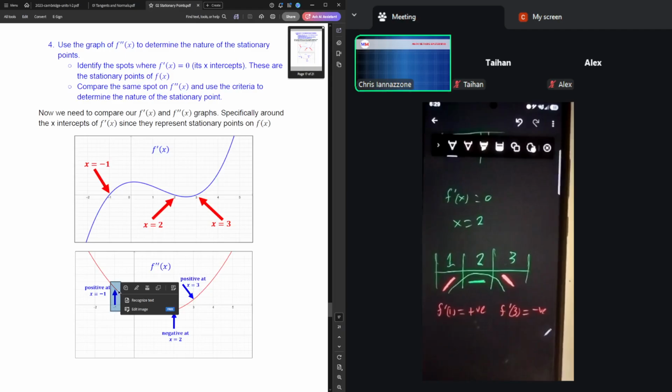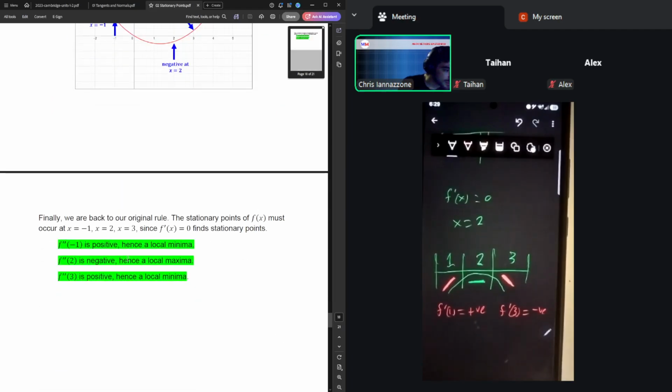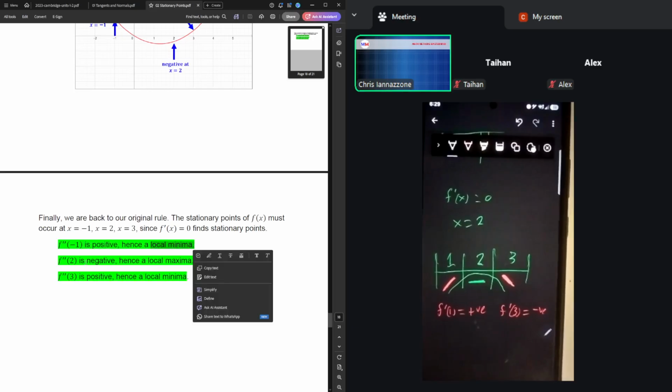If we look at where those now correspond to on our double derivative, we get a positive y value for x equals -1, a negative y value for this one, and a positive y value for this one. Again, looking at our criteria, I'm assuming you've already seen it: positive means minima, negative means maxima.